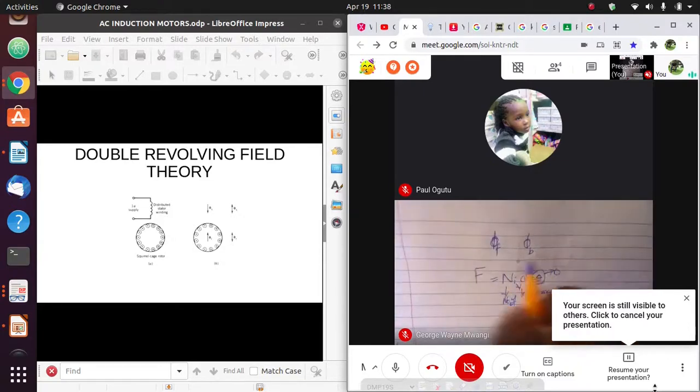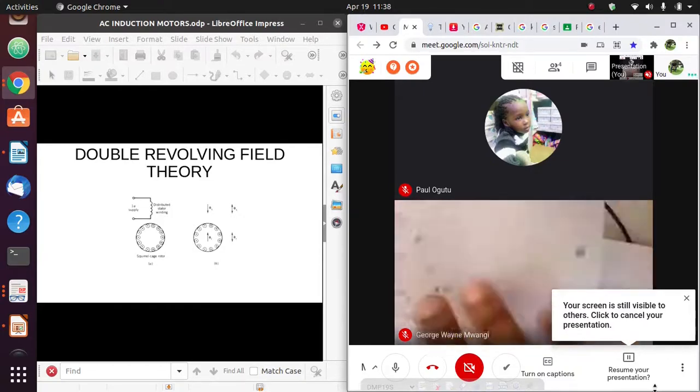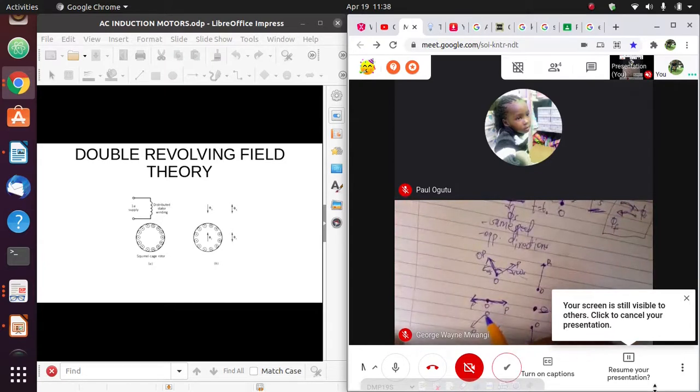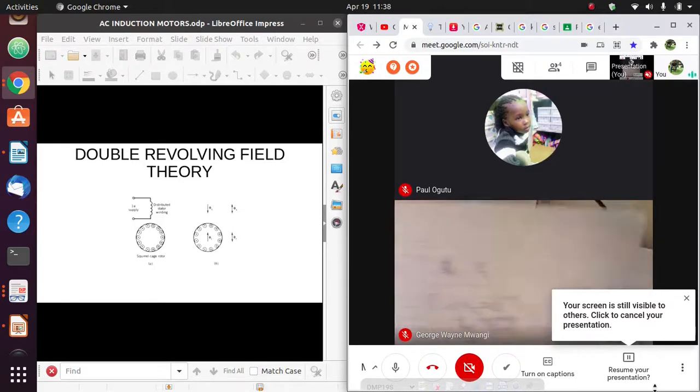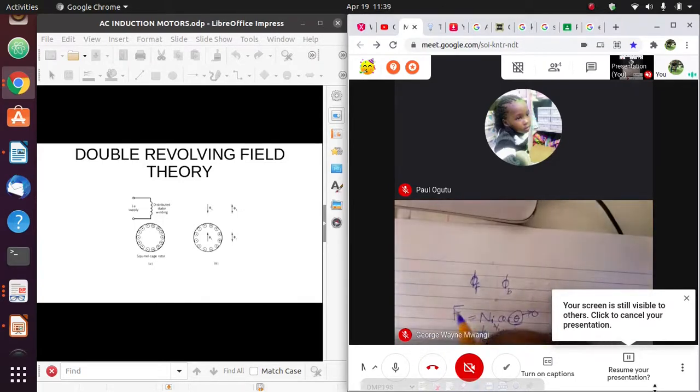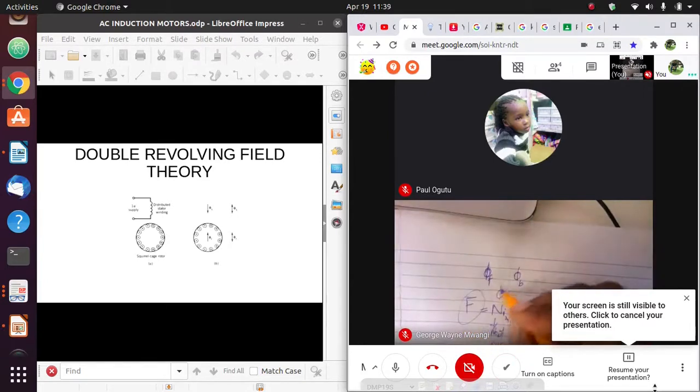We have seen that when these vectors are rotating, there is an angle being formed. So the current at that particular angle is small i, the instantaneous current. So the force being produced by the stator flux will be given as N i cos theta.